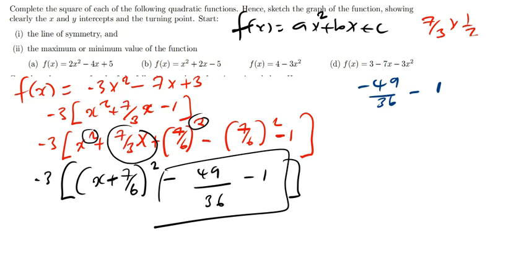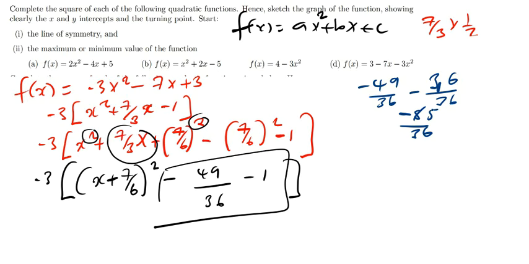Anything with 1 only here is the same as 36 divided by 36, because 36 over 36 is 1. Now the denominators are the same, so add the numerators. Negative 49 minus 36 should be 85. So it's negative 85 over 36. That's what you are going to have.